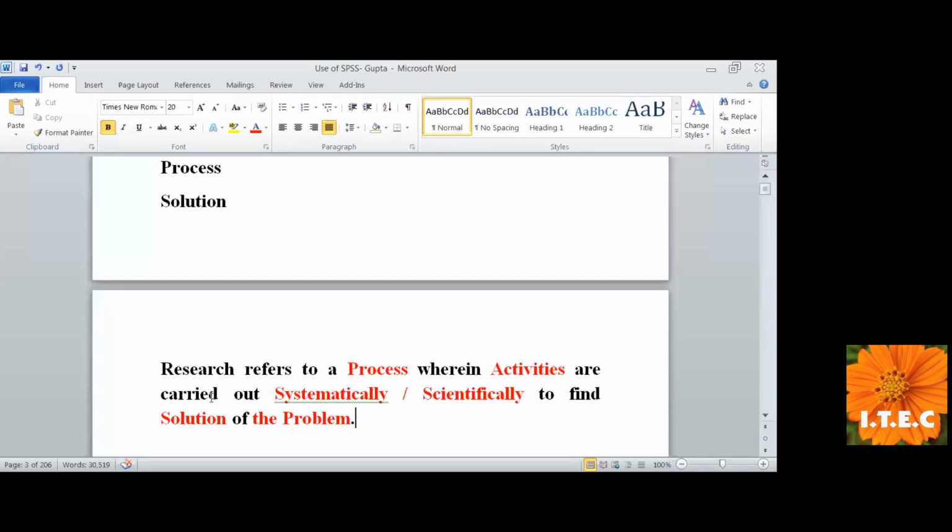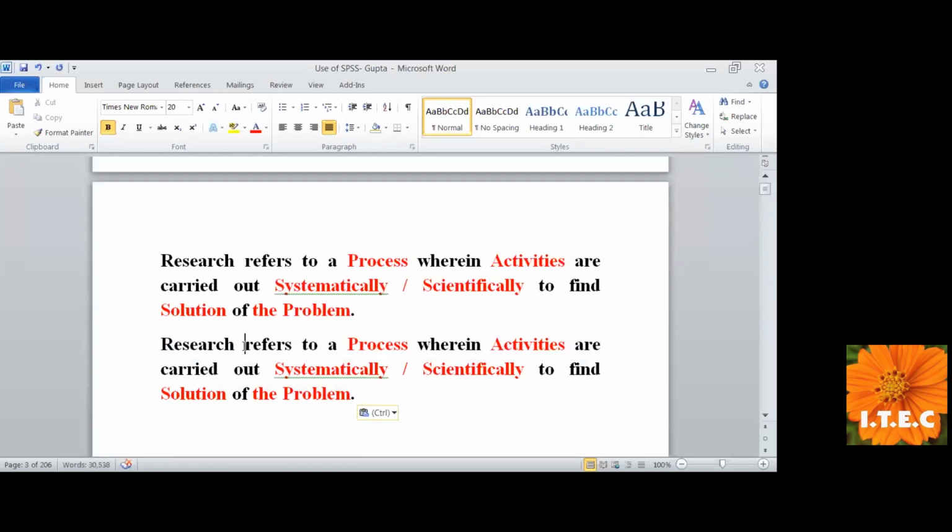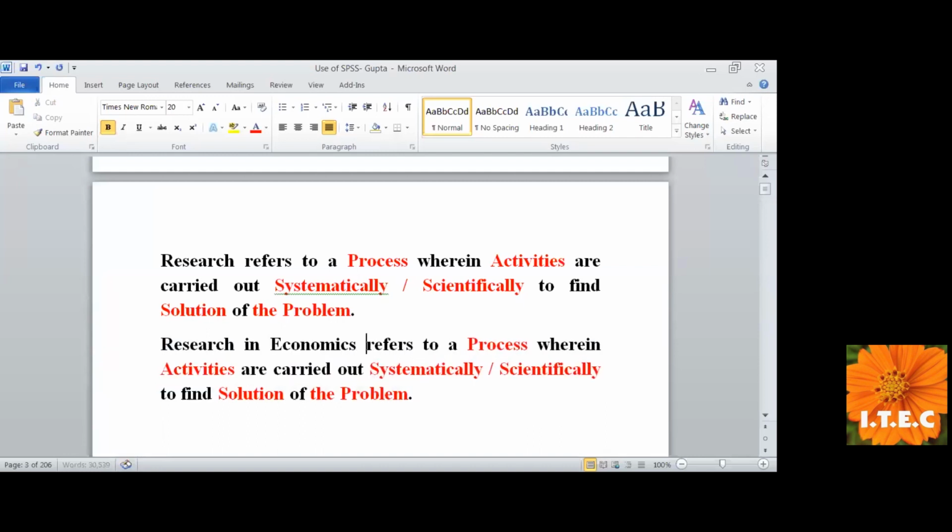So let us change this particular definition so that it becomes the definition in a particular subject. So I am now giving you the definition of research in economics. It refers to a process wherein activities are carried out systematically.